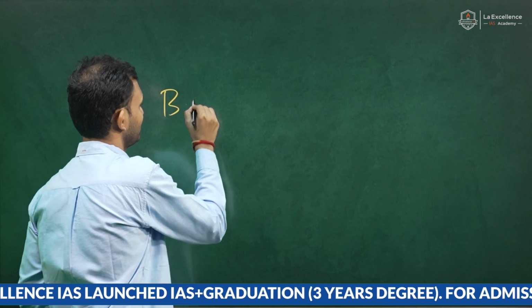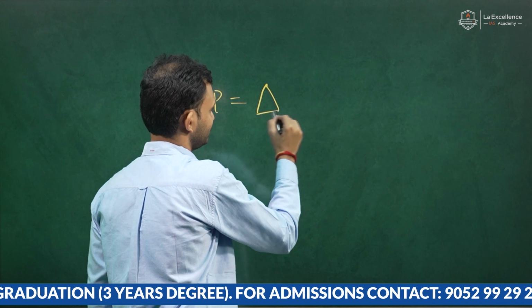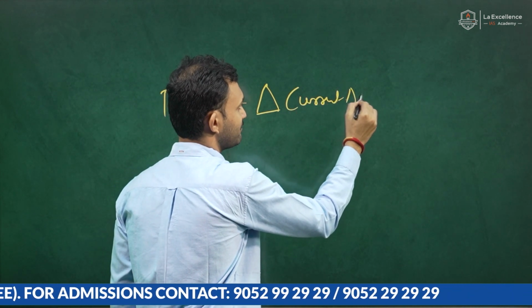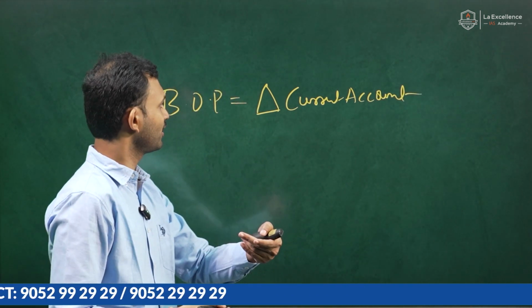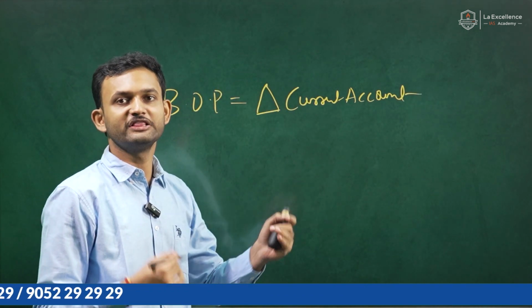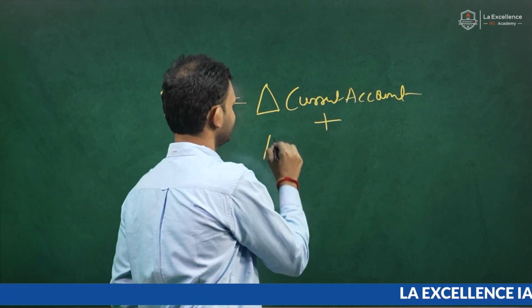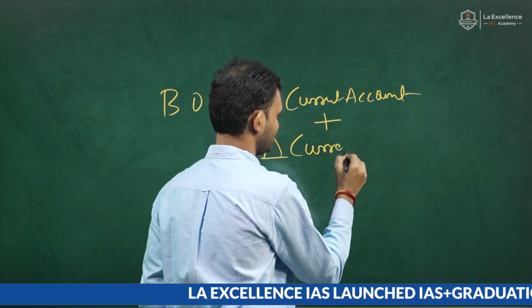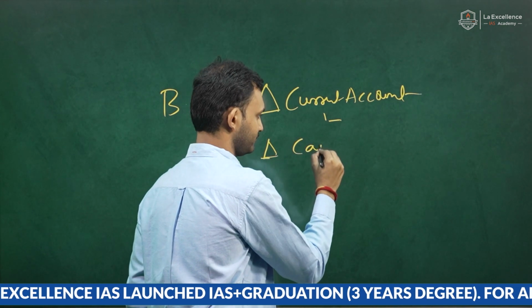Balance of payment is nothing but the net of current account, that means how much you receive or need to pay after balancing all the payments from goods and service exchange, plus the same with capital account. Sorry, as we said, it's capital account.